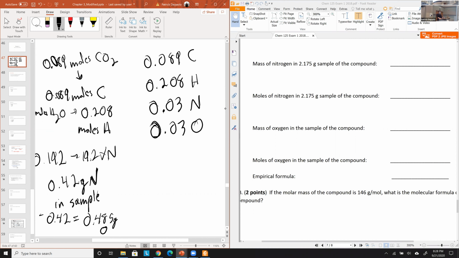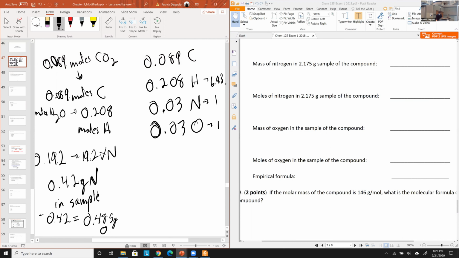So now the rest of it is repetitive from what we did last time. So we're going to divide by the lowest number. So we divide by 0.03 moles. So that means our nitrogen number would be 1. Our oxygen number would be 1. Our hydrogen number would be 0.208 divided by 0.03, which is actually 6.93. That's close enough to 7, by the way.